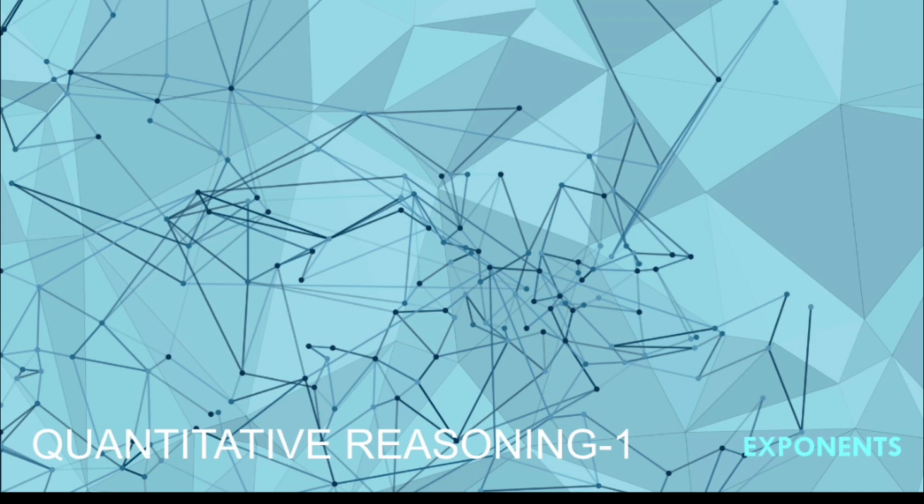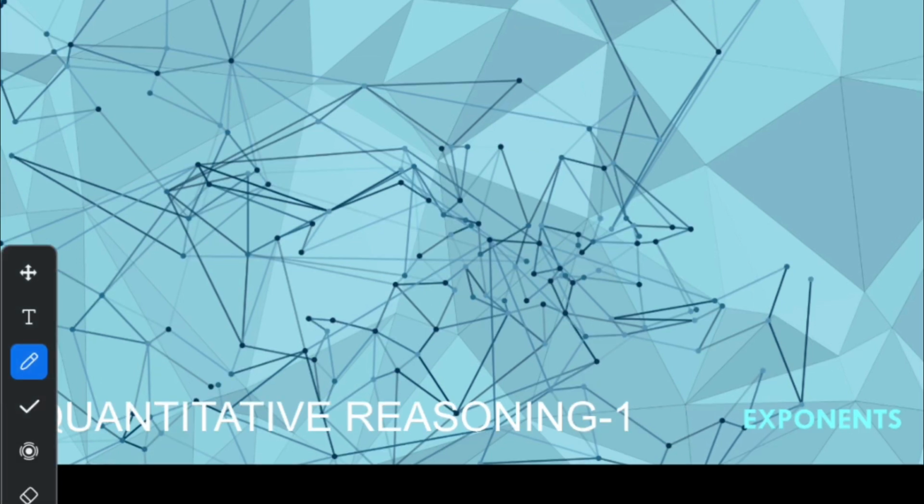So what are exponents? Exponents are basically numbers that have repeated multiplication. For instance, if I'm given a certain number which is written many times, in this case I'm writing 2 4 times, or I can say that 2 is multiplied by itself 4 times.